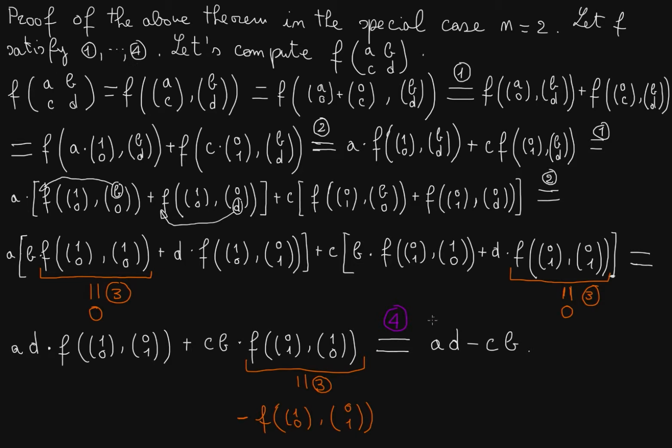This shows that there is just one f, and this f must have this expression in order to satisfy all these 4 properties. And this is precisely the determinant of a 2 by 2 matrix.